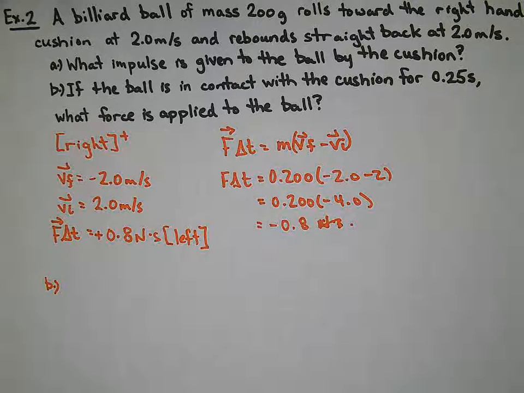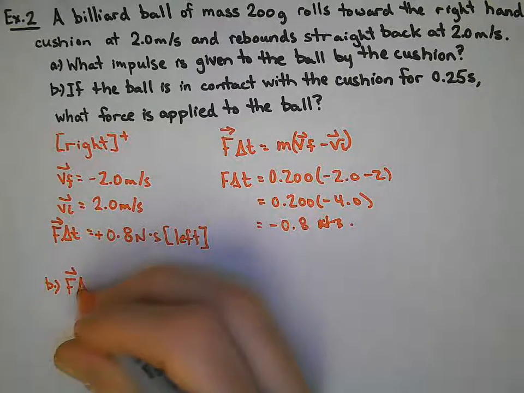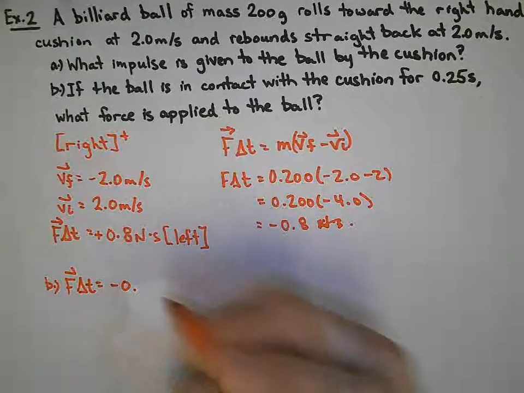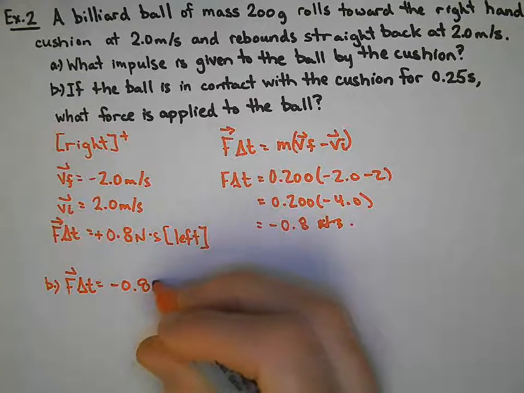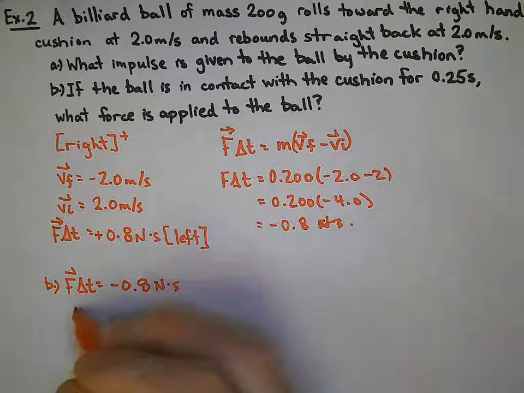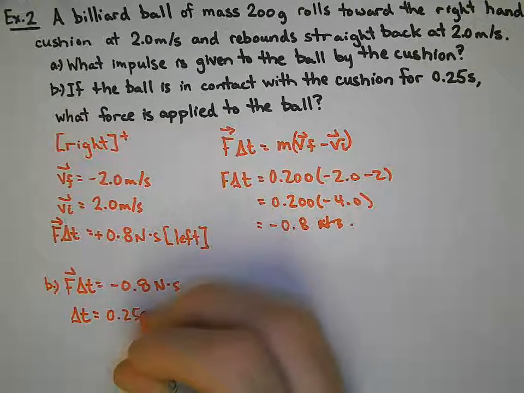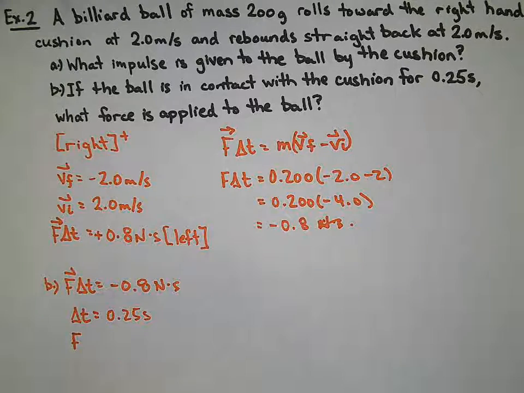We know that the impulse F delta t was negative 0.8 newton seconds. And we are also given in this case that the time is 0.25 seconds. Let us calculate F.